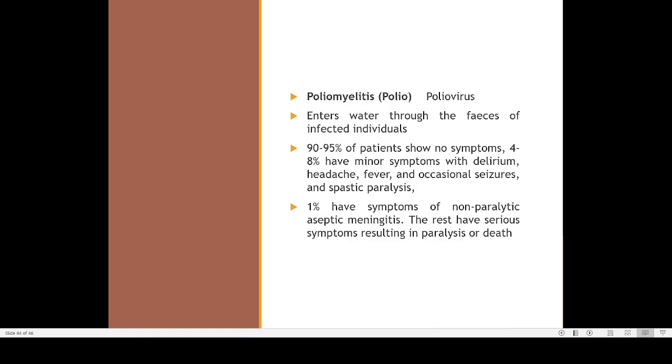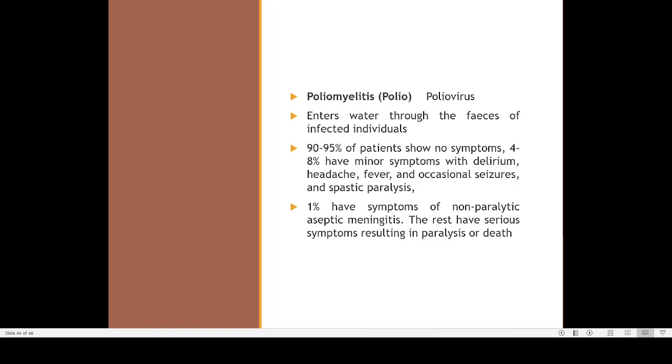90 to 95% of the patients show no symptoms. That is important. Only 4 to 8% of the people will have minor symptoms: delirium, that is the brain may be affected, headache, fever, and occasional seizure. Seizure in Malayalam we call abasmaram.